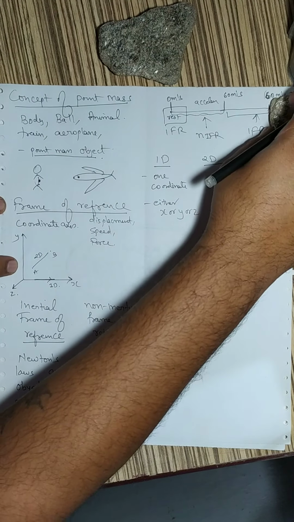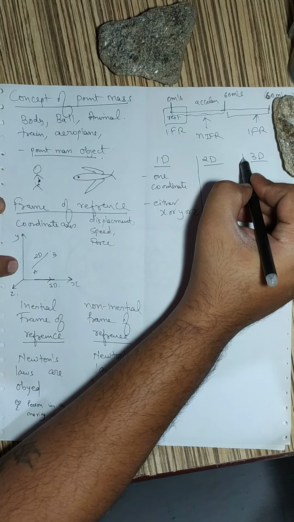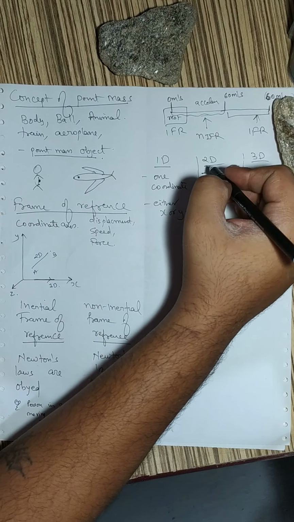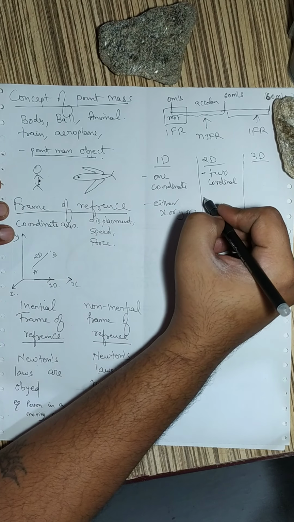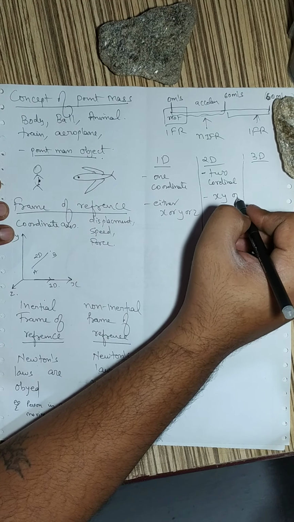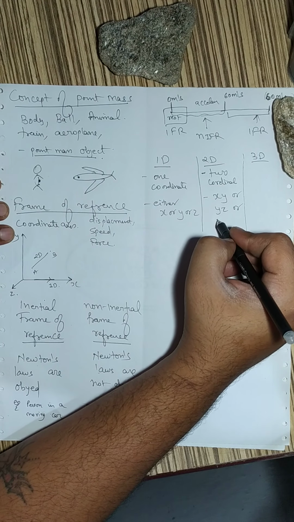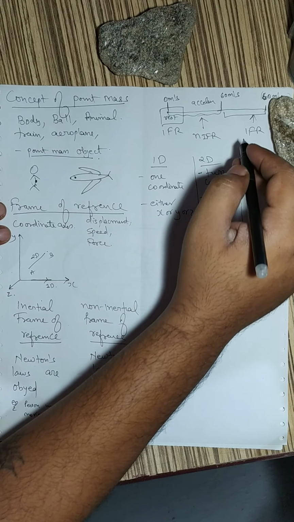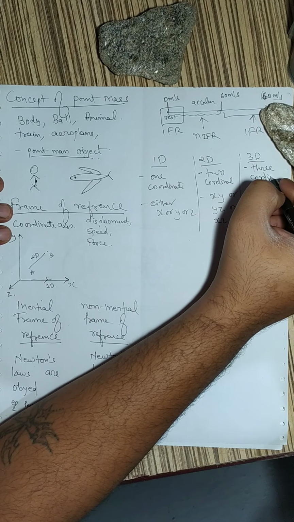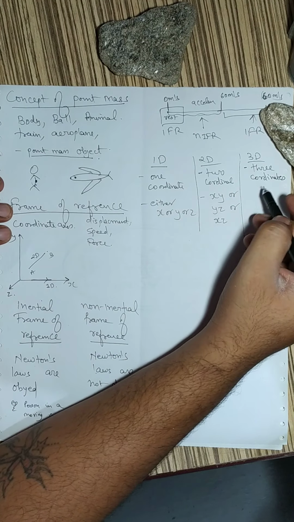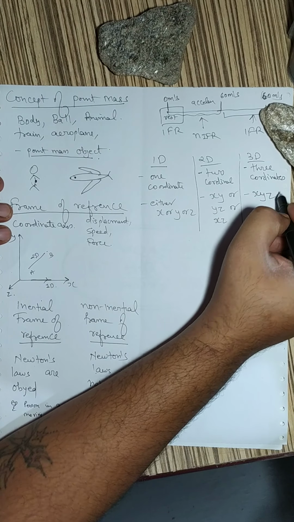Two-dimensional motion is one which involves two coordinates, in the sense it involves xy or yz or xz, whatever you say. Three-dimensional motion involves all the three coordinates. This is quite typical to study, all the three coordinates x, y and z.